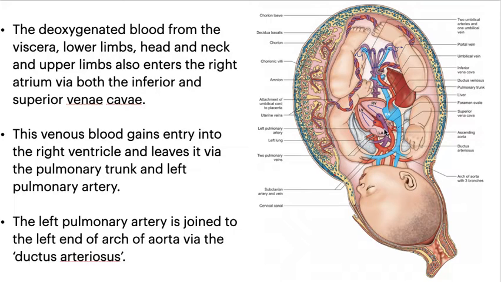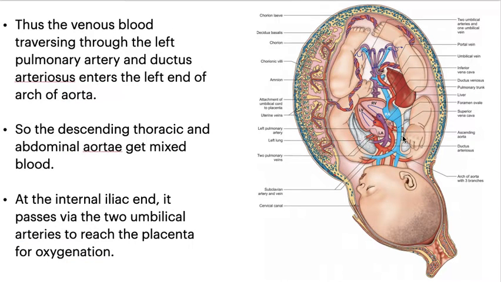The left pulmonary artery is joined to the left end of the arch of aorta via the ductus arteriosus. Thus, venous blood traversing through the left pulmonary artery and the ductus arteriosus enters the left end of the arch of aorta. So the descending thoracic and abdominal aorta get mixed blood. At the internal iliac end, it passes via the two umbilical arteries to reach the placenta for oxygenation.